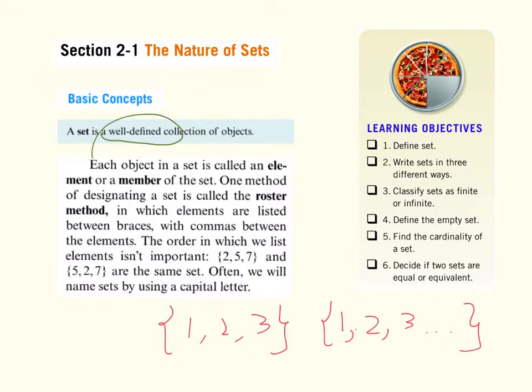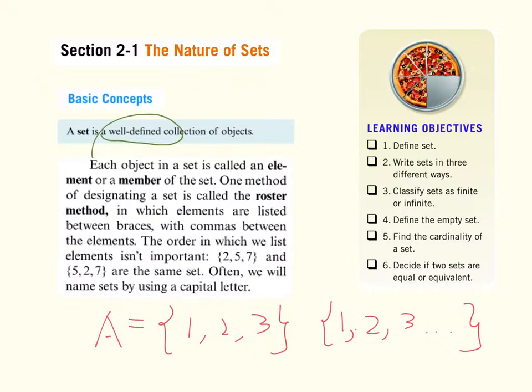And if you feel it's necessary, you can even repeat some of the elements. You can write 1, 1, 1, 2, 3. Again, the set just means there are these elements. The order doesn't matter, the repetitions don't matter. And we name the set by a capital letter, so we can say set A equals 1, 2, 3. Okay? So that's the definition of set.